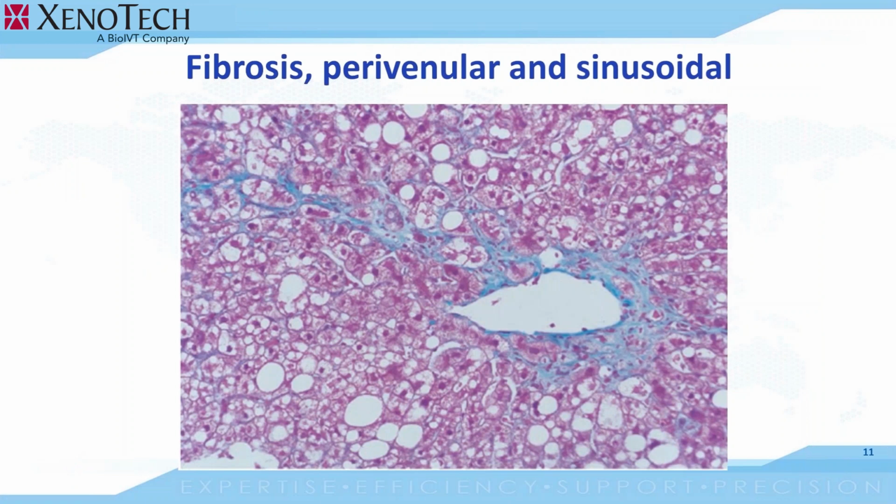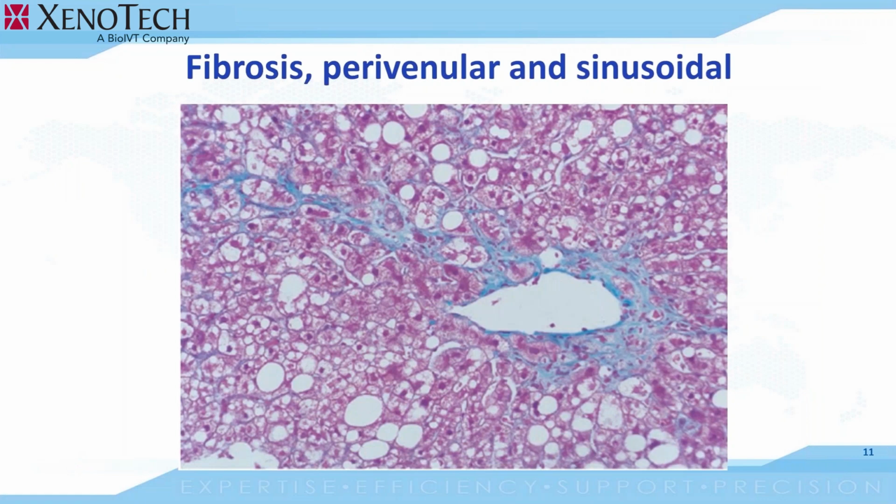This type of fibrosis is also called chicken wire fibrosis. On this slide, you will also recognize that there is a multiplicity of ballooned hepatocytes, when their cytoplasm and nuclei are degraded and they are ballooned in size.